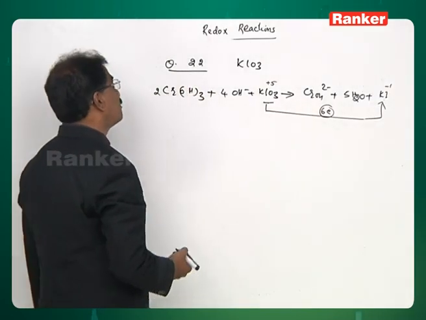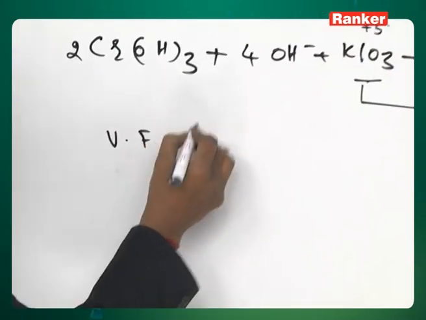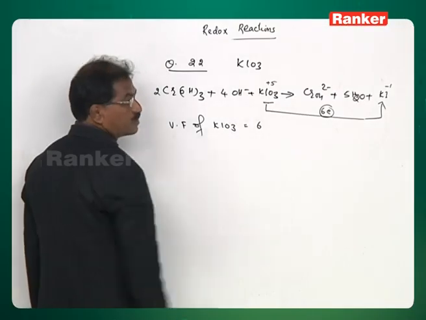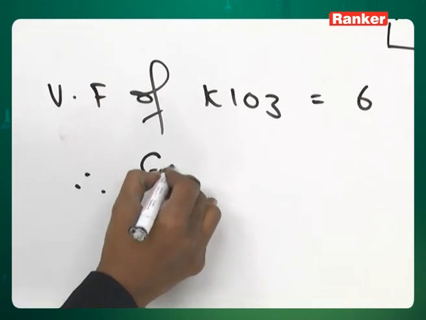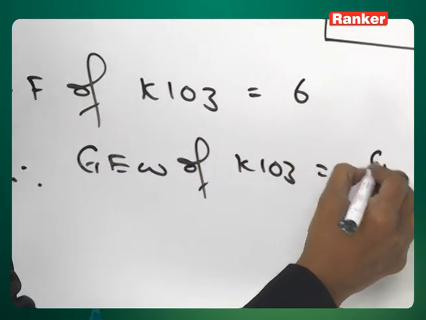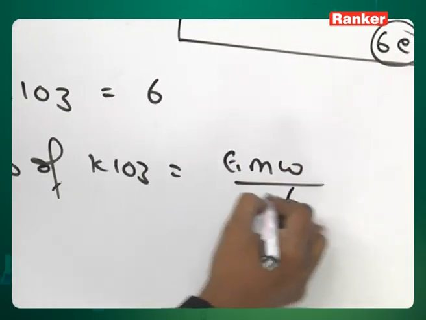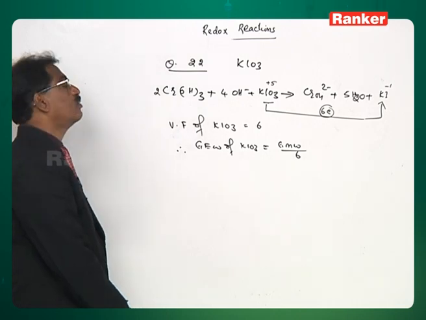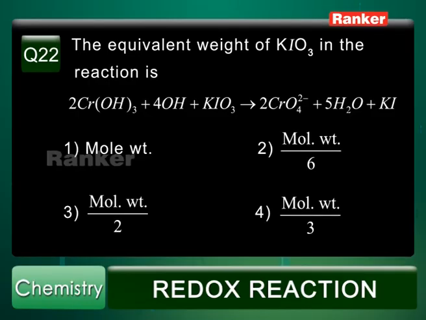Valence factor of KIO3 is 6. Therefore, gram equivalent weight of KIO3 is gram molecular weight by 6. Select the option where gram molecular weight by 6 is shown. Answer is 2.